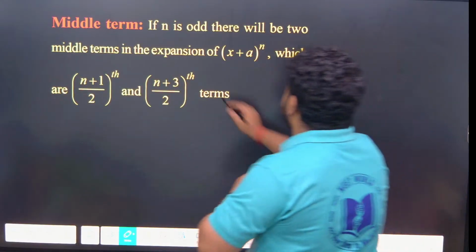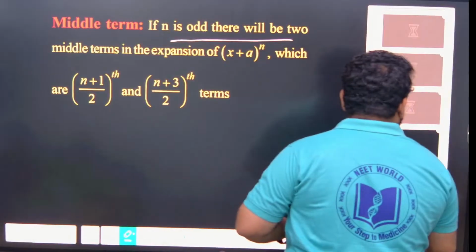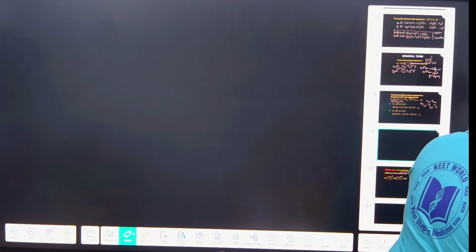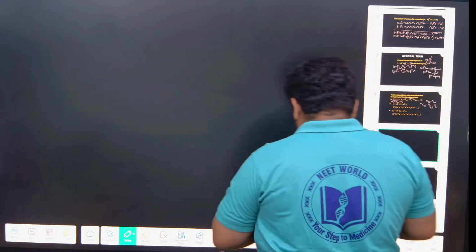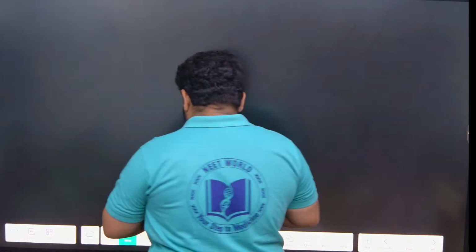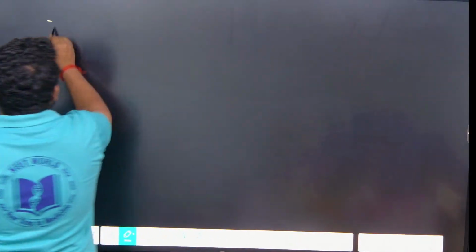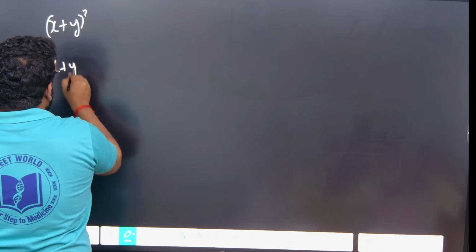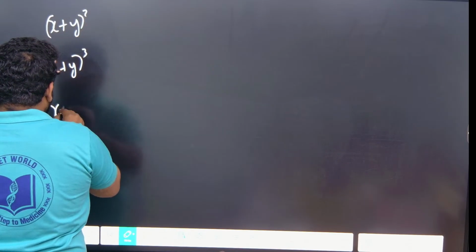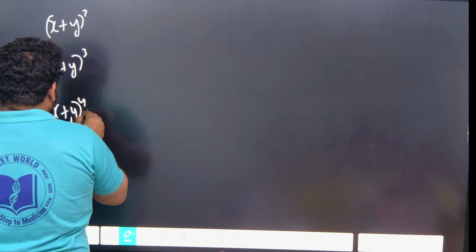Next thing. They will be asking the middle term. Multiple times they will ask questions on middle terms. Now let us take an example for the middle term. First, (x plus y) whole square, (x plus y) whole cube, (x plus y) to the power of 4.